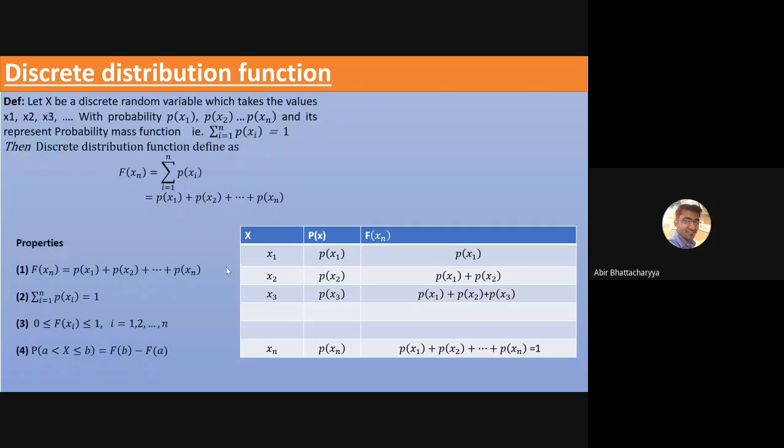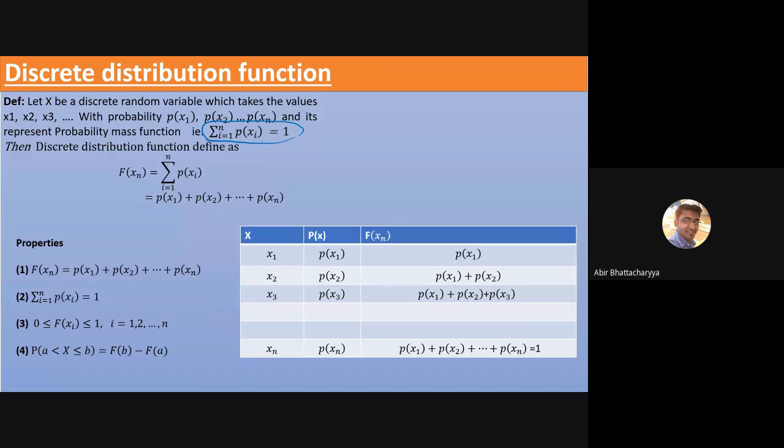Now next is the discrete distribution function. X is a discrete random variable which takes the values x1, x2, and so on, like the last one I discussed already. The probability of each and every value is given to you. This is called a distribution, a mass function. Since this is a mass function, the summation of each and every probability is always equal to 1.